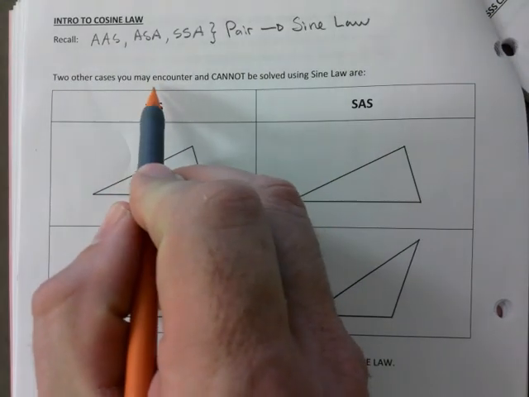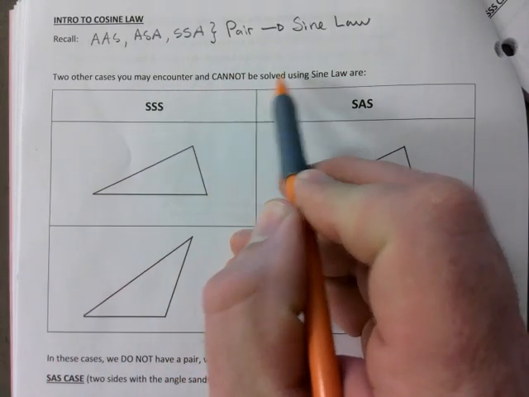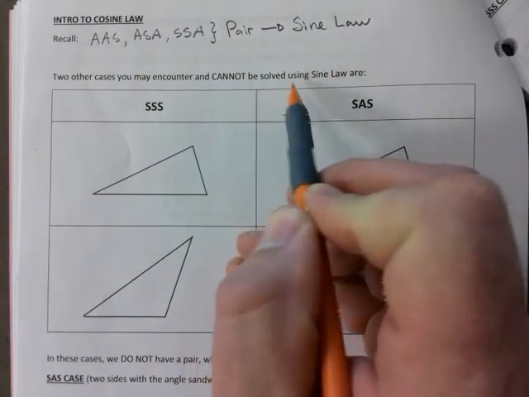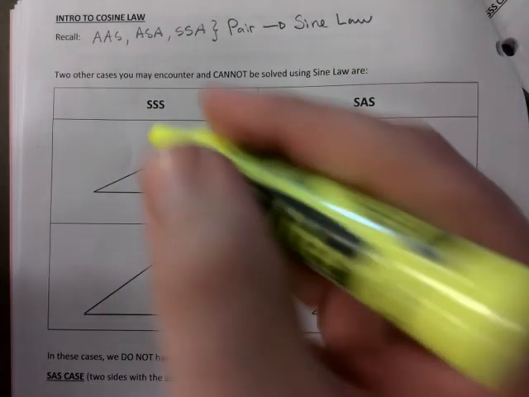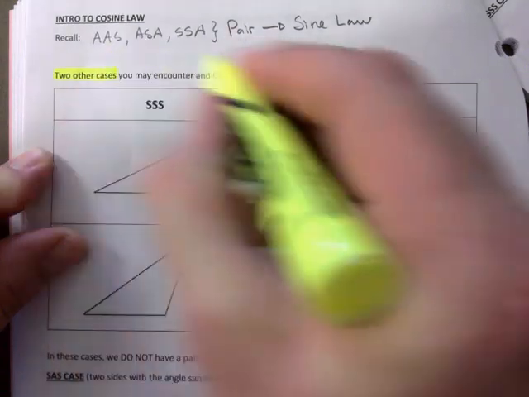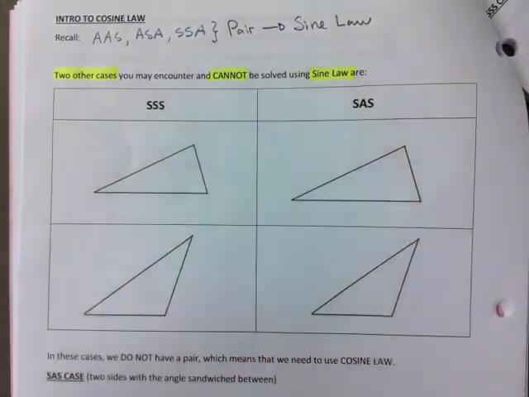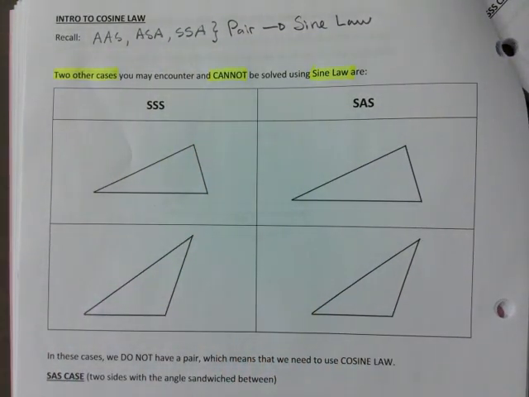Two other cases that you may encounter cannot be solved by sine law. Remember that, cannot be solved by sine law. Two other cases that cannot be solved by sine law are the following: side, side, side, or side, angle, side.